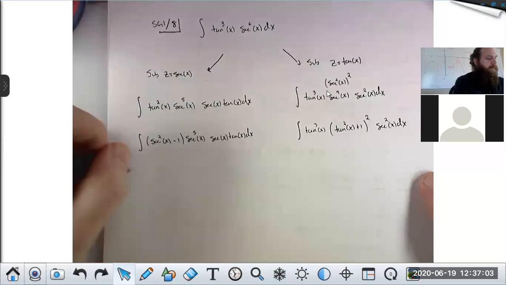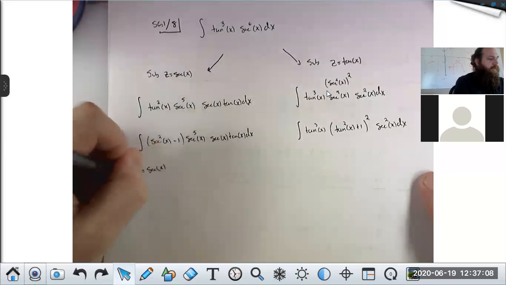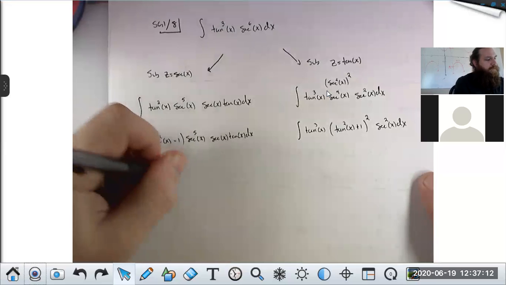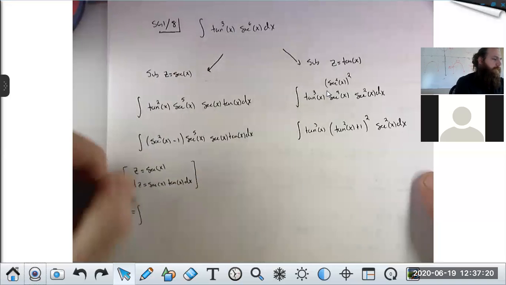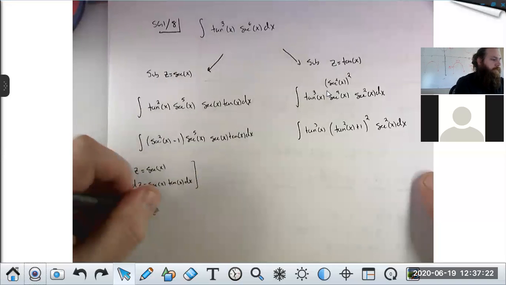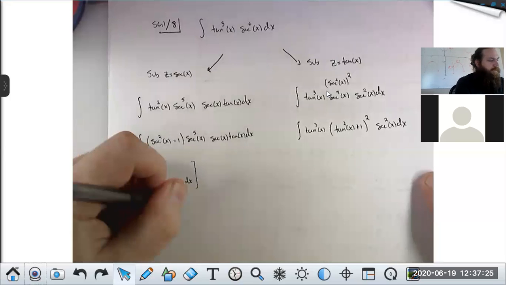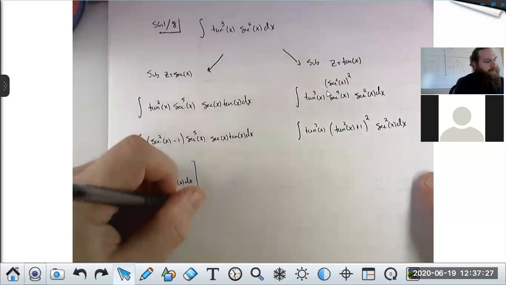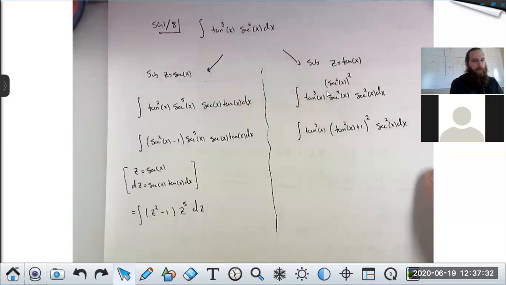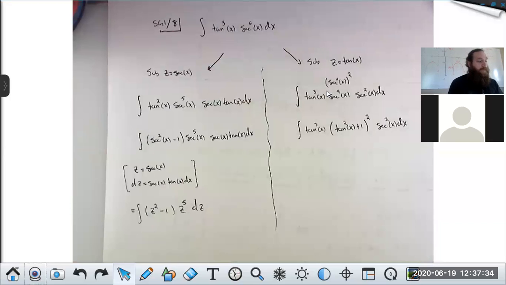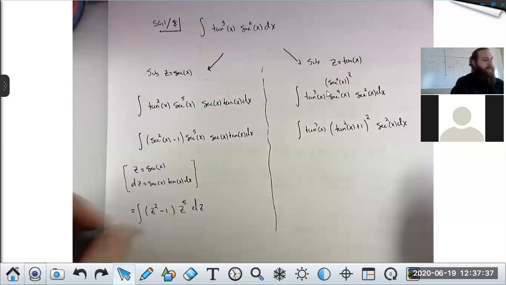But here, if I let z be secant x, dz is secant x times tangent x dx. So this integral will become the integral of z squared minus 1 times z to the 5 dz, which is a polynomial integral. We can handle it, it's not bad. And it's especially nice because I don't have to multiply anything out.